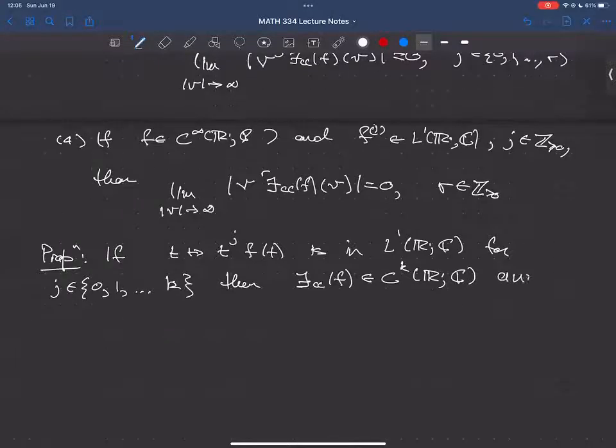And moreover, there's a formula for the kth derivative of the CCFT.